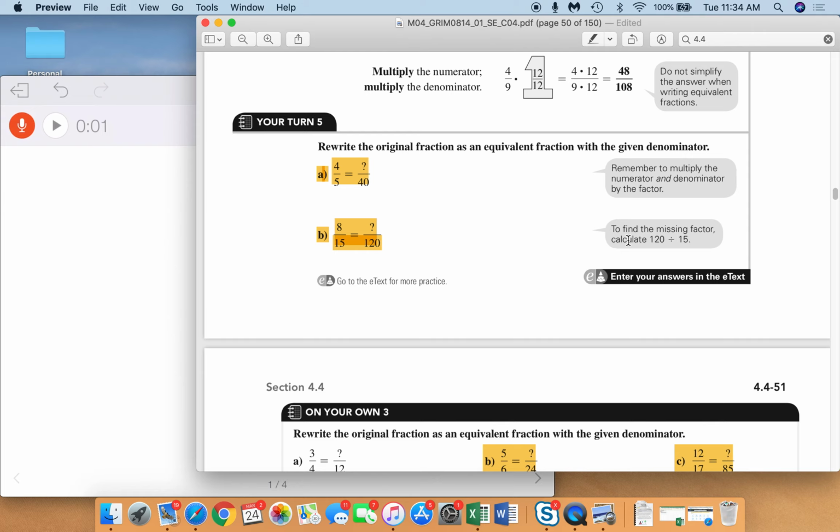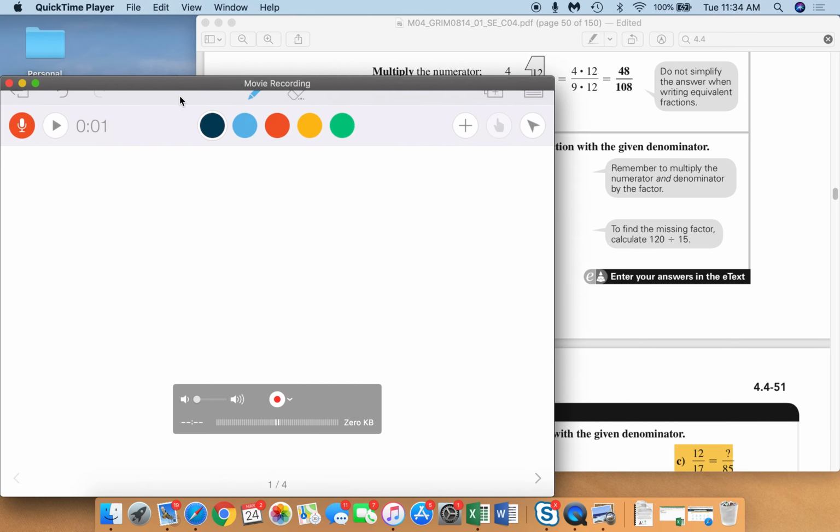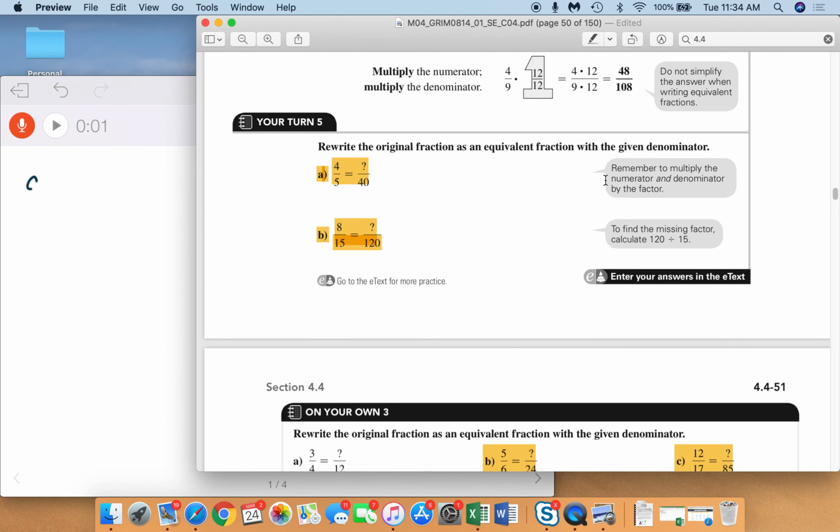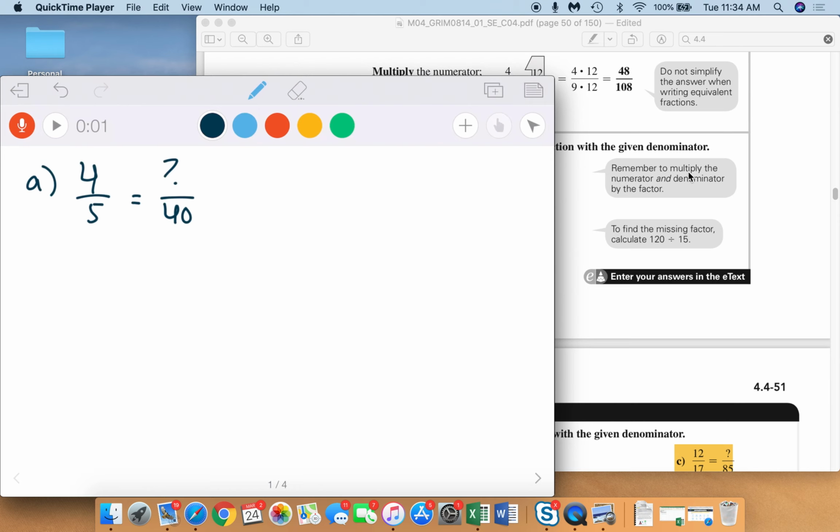So let's look down here at your turn. We have: rewrite the original fraction as an equivalent fraction with the given number. Part A is 4/5 equals question mark over 40. I need to ask, what do I need to multiply 5 by to get 40? I know 5 times 8 is 40.